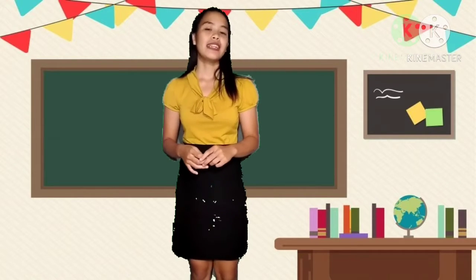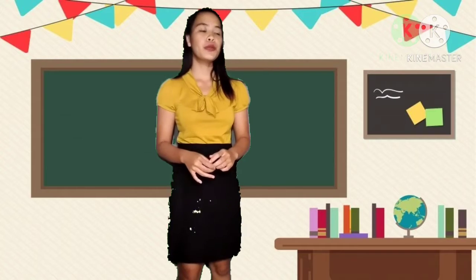Time is up. Finished or not finished, everyone stop your work. As I said before, group 1 will be the first to explain their work. So leader of group 1, please come forward to explain your work.